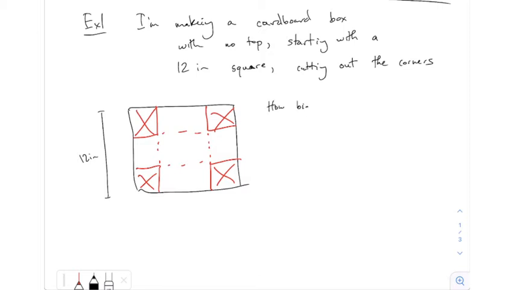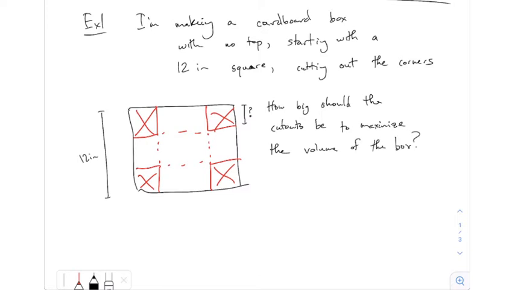How big should the cutouts be? By how big, I mean how big should this little length be on the cutouts? The length of the squares that I'm cutting out, the side length. How big should the cutouts be to maximize the volume of the box?